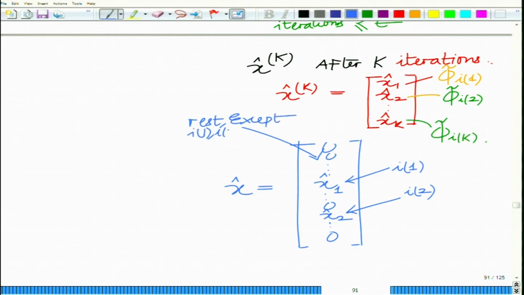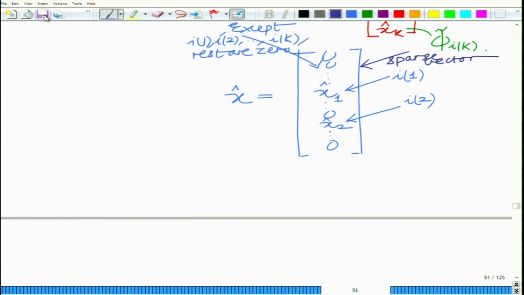These are known as the sparse locations. Except I 1, I 2, I k, the rest are 0. So, this is a sparse vector basically.